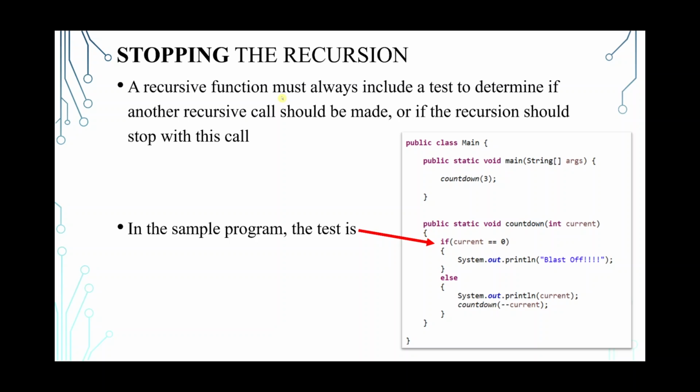Okay, stopping the recursion. So the recursive function must always include a test to determine if another recursive call must happen or the recursion should stop. So usually we should have this. As I said, you must have two conditions.